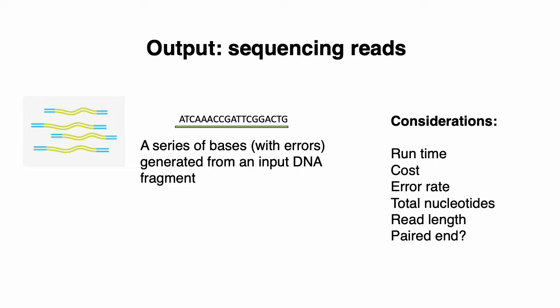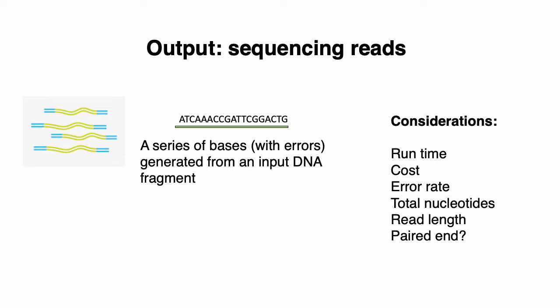But when you look across different technologies like Illumina versus PacBio or Nanopore, they generally differ in terms of, for example, runtime. Certain technologies do sequencing faster than others. In terms of cost, technologies that can sequence longer reads generally cost more than shorter read technologies like Illumina.